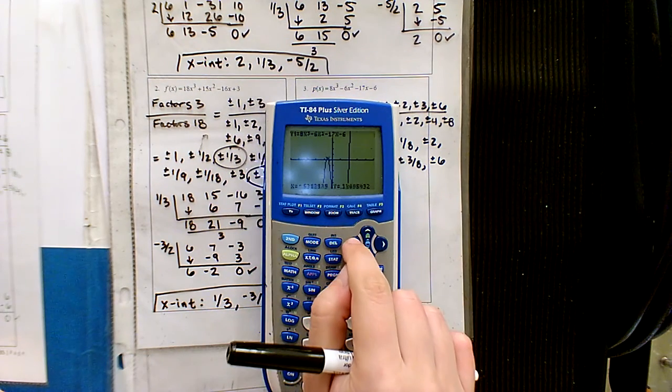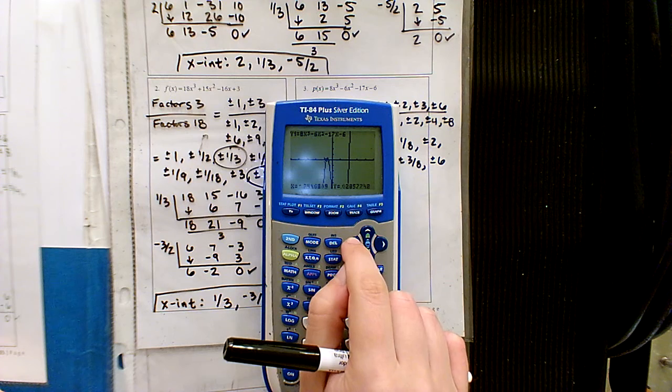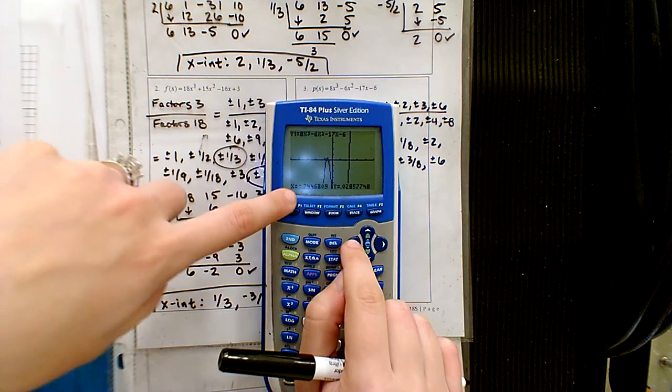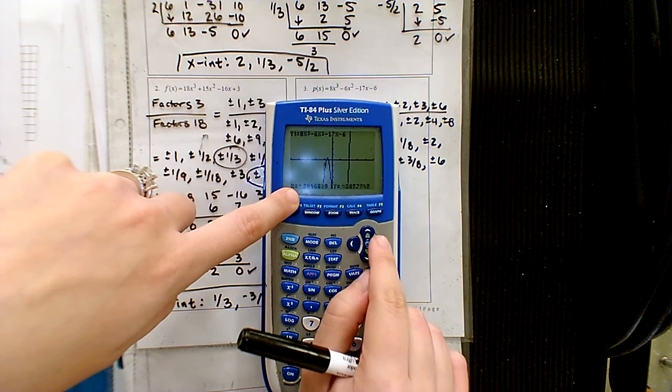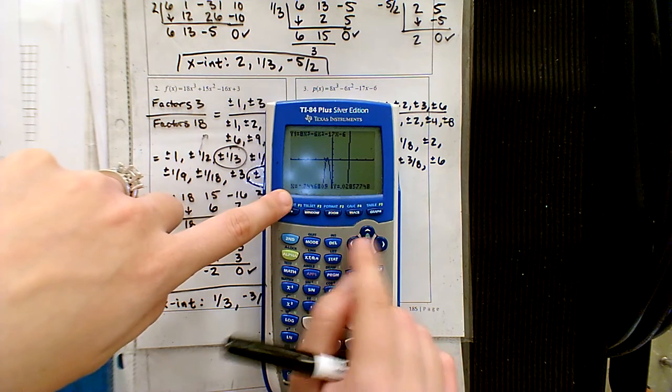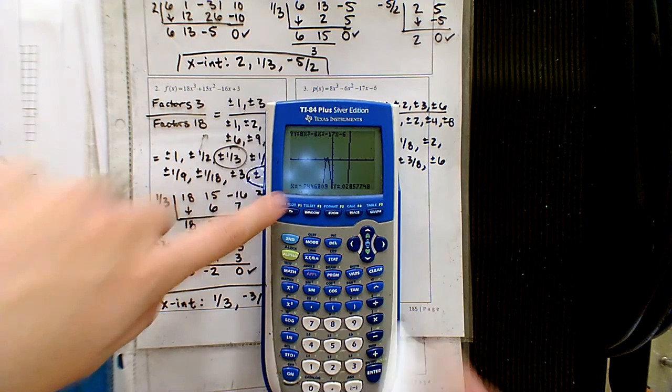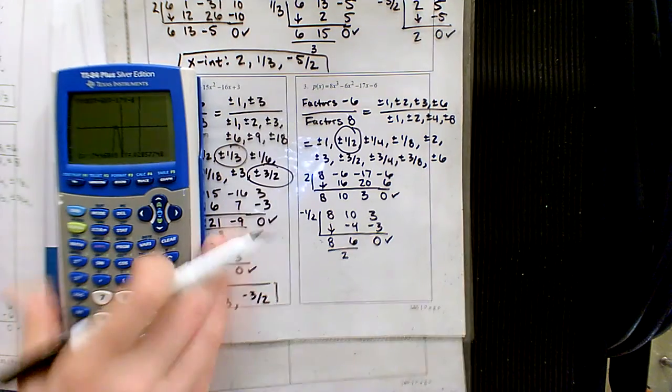All right, let's check out the next one. If I move my cursor, negative 0.74, negative 0.85. Do we have something close to those from our list?